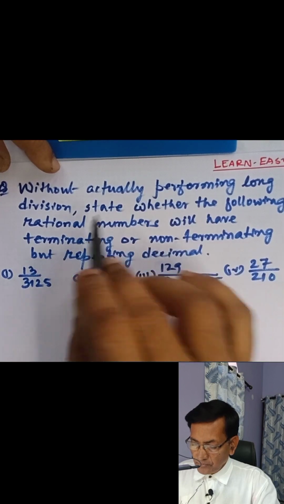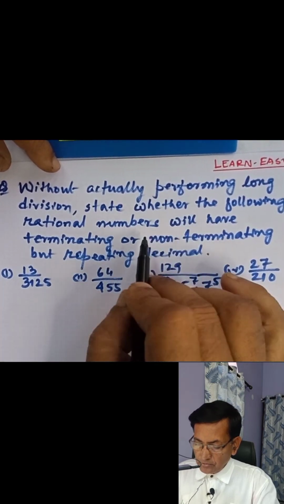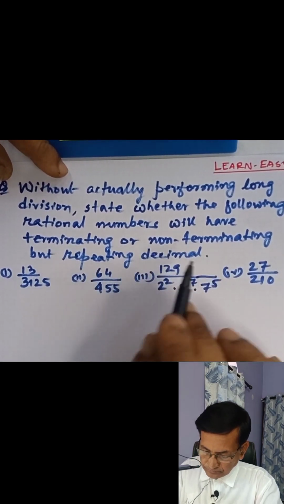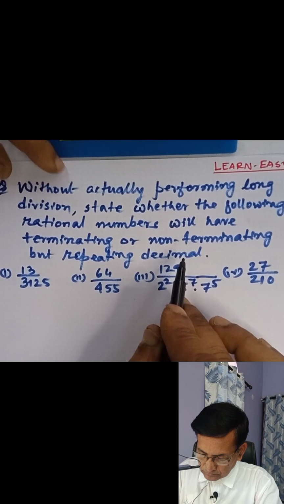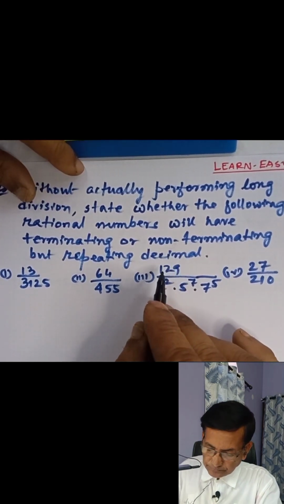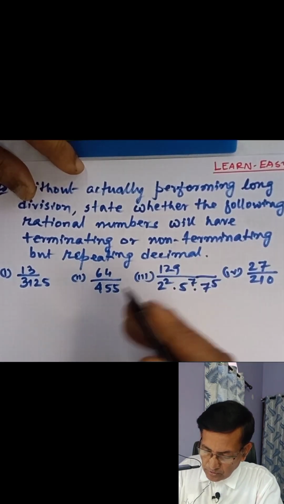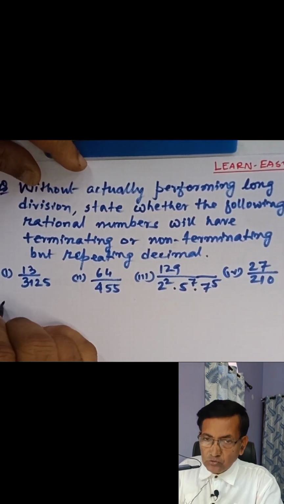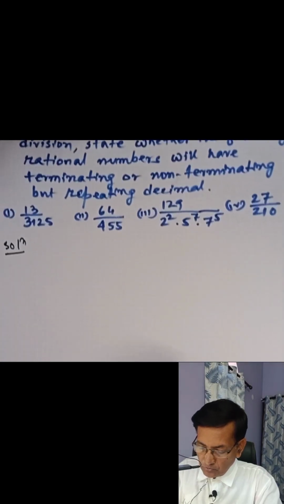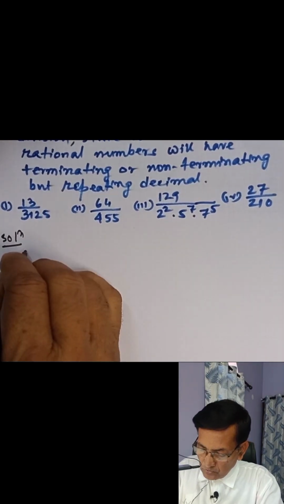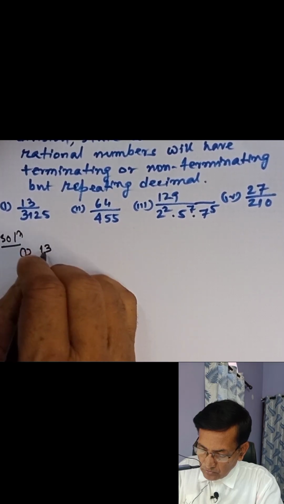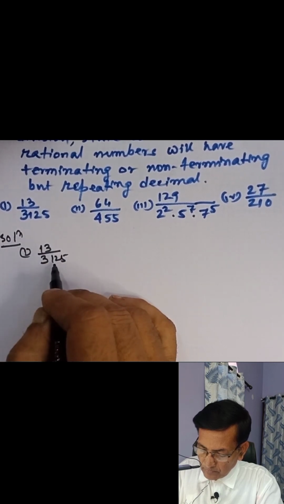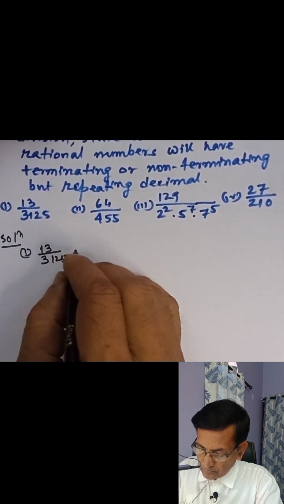Some sums: without actually performing long division, state whether the following rational numbers will have terminating or non-terminating but repeating decimal. Just as we have discussed, in that way we will do this sum. First one is 13 by 3125. Here the denominator is 3125.